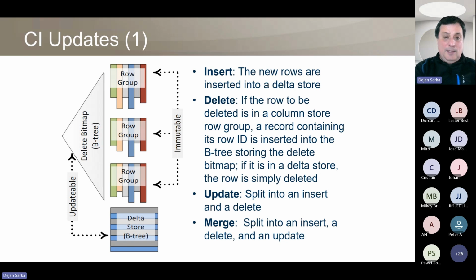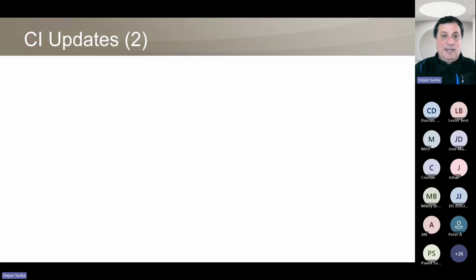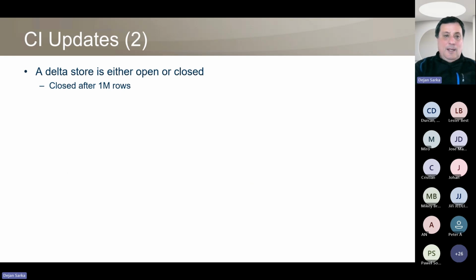So apparently you need somehow to maintain this. And how is it done? We have these segments of approximately 1 million rows. When a data store reaches 1 million rows, it is closed. What does it mean? Closed means it doesn't accept new rows.